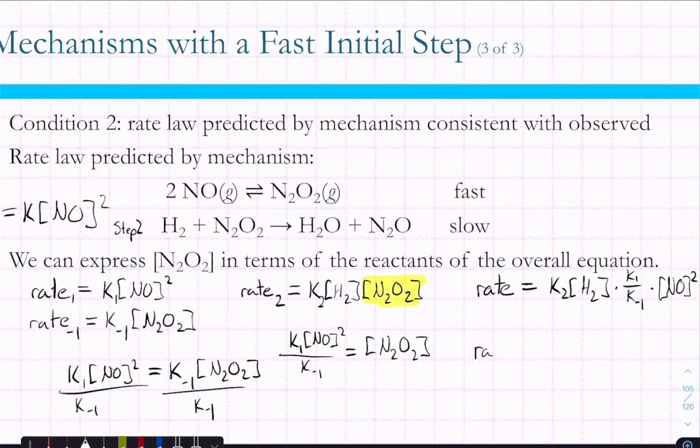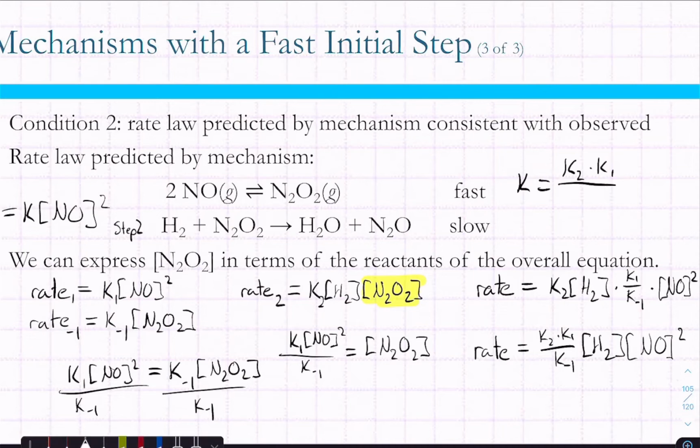So we can collapse that down a little bit and say that the rate is k2 times k1 over k negative 1 times H2 times NO squared. So now this matches our overall reaction, and so the k of the overall rate law must be equal to k2 times k1 over k negative 1.